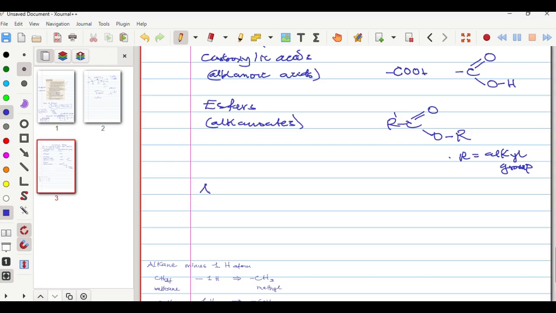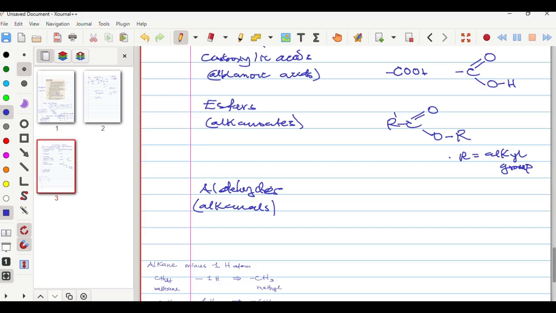Aldehyde now. Aldehyde. And we are familiar with it as alkanals. Let me write this better. Aldehydes. So what is the functional group of aldehydes?